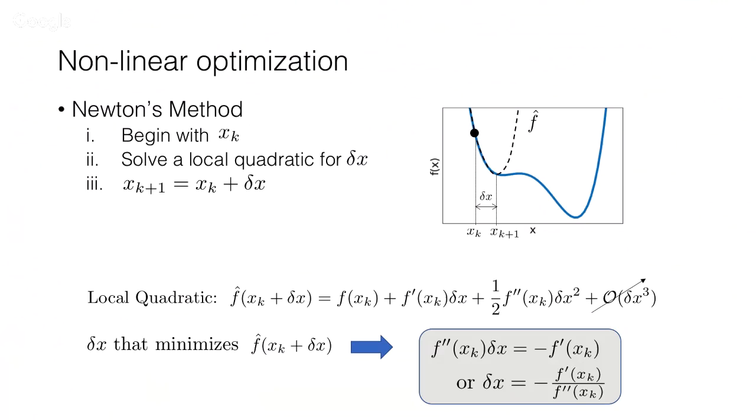This is basically Newton's method, which says that my perturbation is obtained by solving the following problem. I look at the second derivative times delta x equal to minus the gradient, or rearranged, delta x is equal to minus f prime over f double prime.